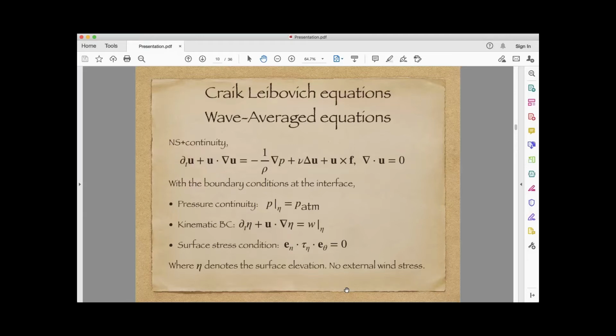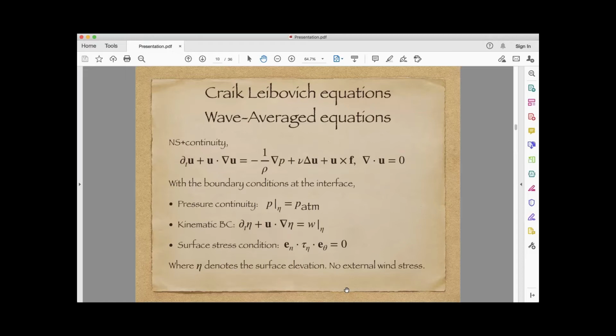To understand the evolution of this mean flow, we'll look into the Craig-Leibovich equations, also called wave averaged equations. Craig-Leibovich, because Craig and Leibovich derived this equation to understand Langmuir circulations, and we call it wave averaged because we do some averaging process that I'll explain now.